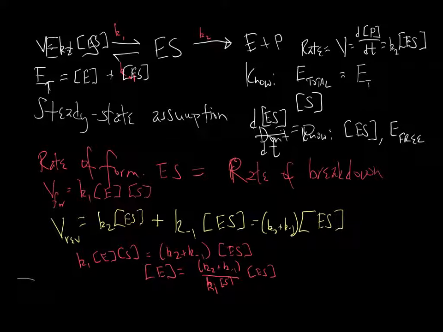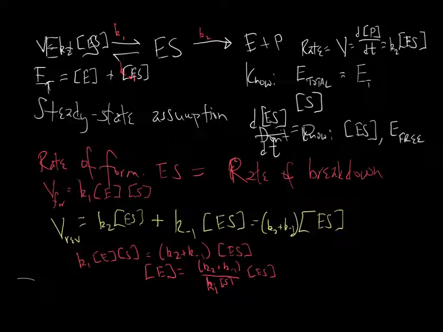So now let's go back to our ET, our total enzyme equation here. Because remember, up here we still had two unknowns. We had an E and an ES. Now we found a way to relate E to ES. So we just do the mathematician's favorite game of plugging and chugging.